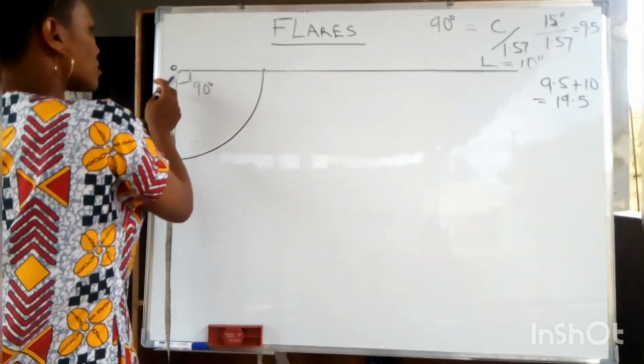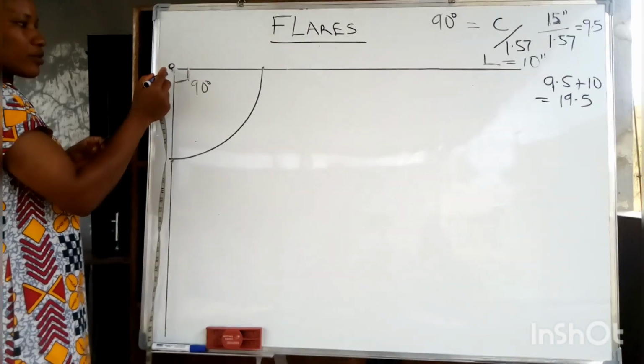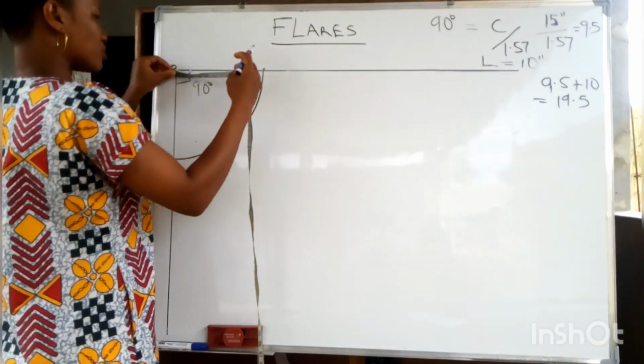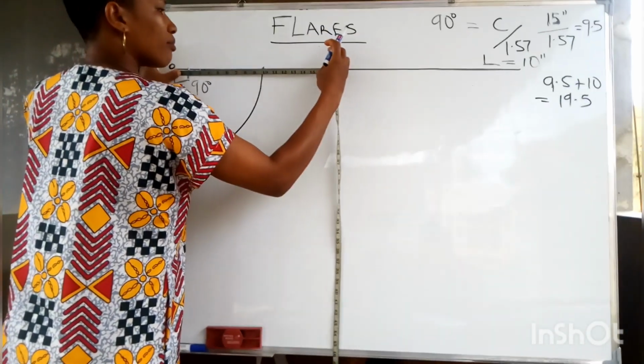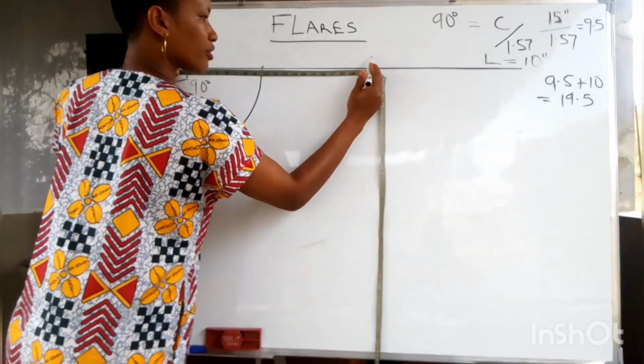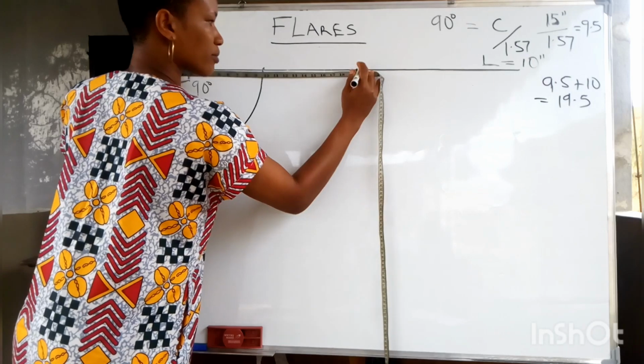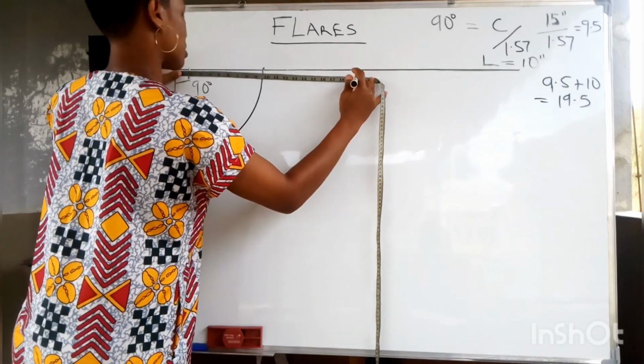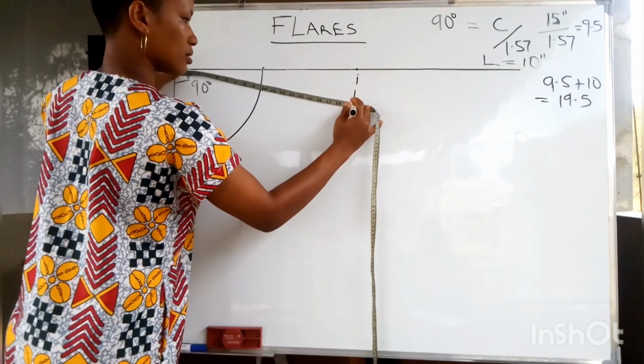Then place the tape from the 0 point. As you can see, the tip of the perpendicular lines is where you place the tape and extend it towards 19.5 inches as we have seen illustrated.